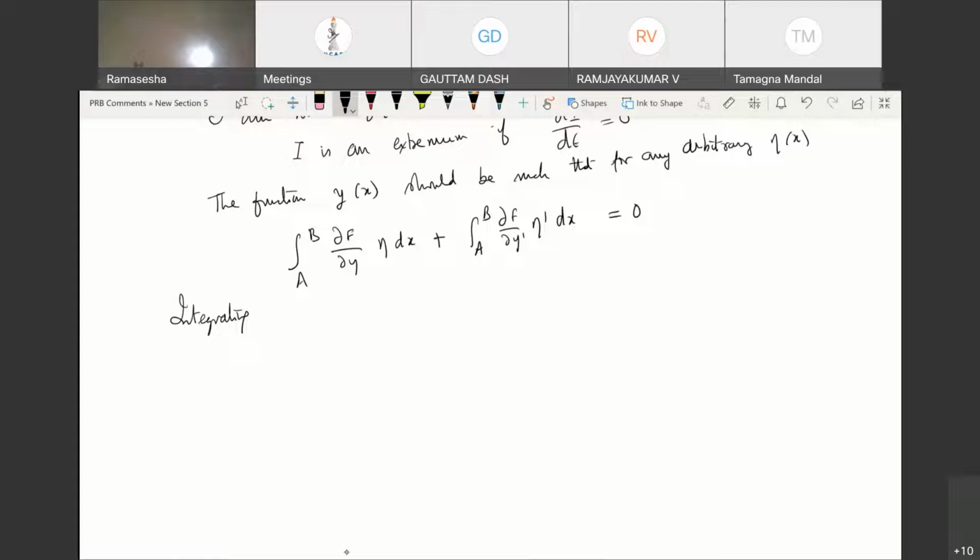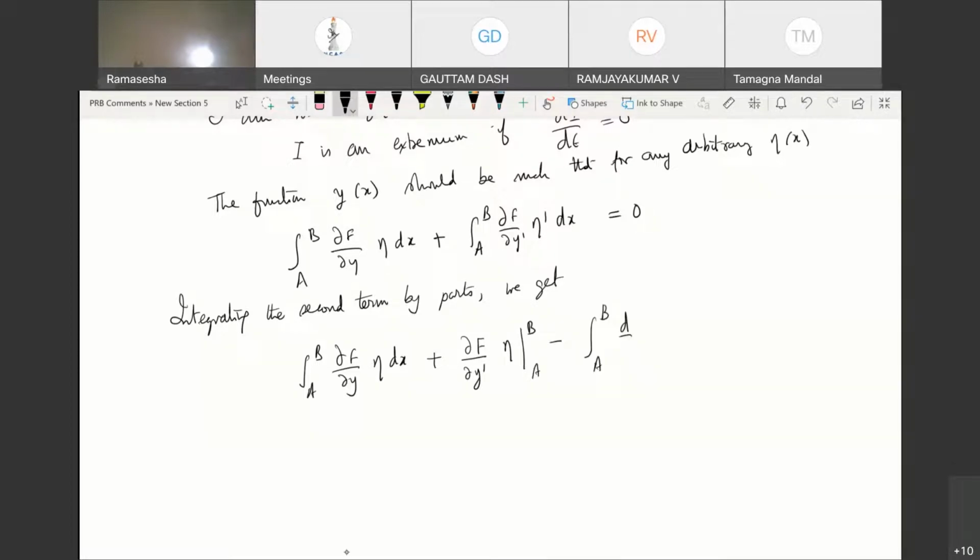What I'm going to do is integrate eta prime and differentiate del f by del y prime. So this will be plus del f by del y prime into eta, between a and b, minus the integral from a to b of d by dx of del f by del y prime times eta dx, is equal to 0.